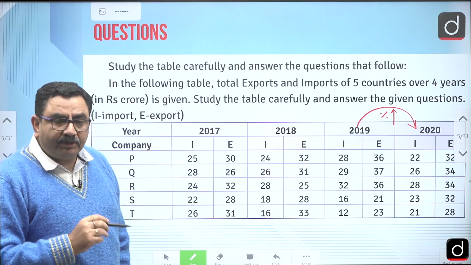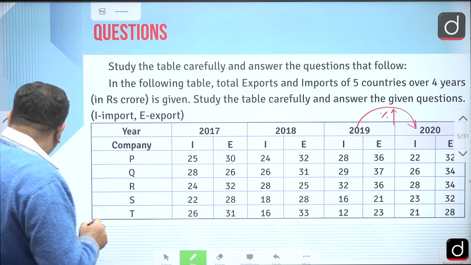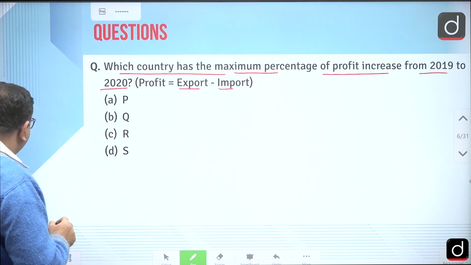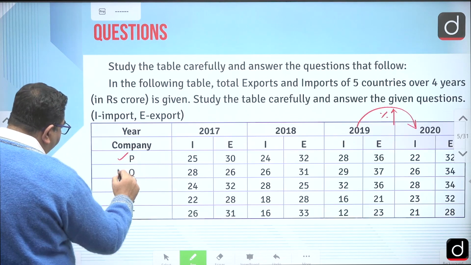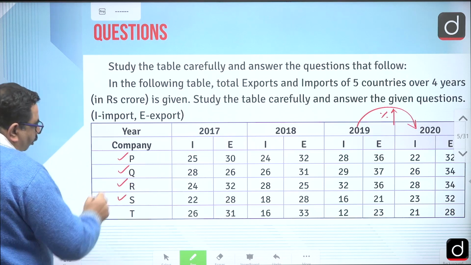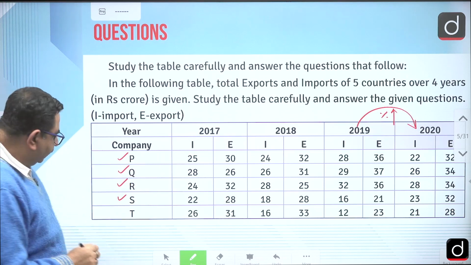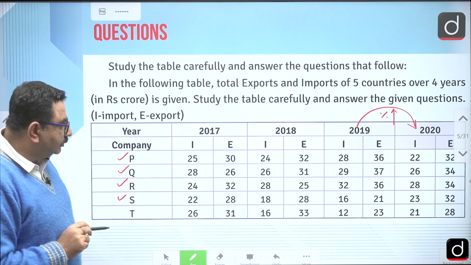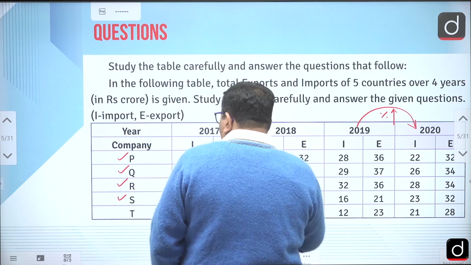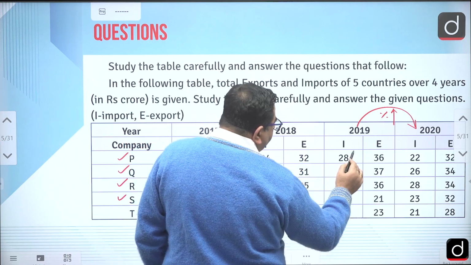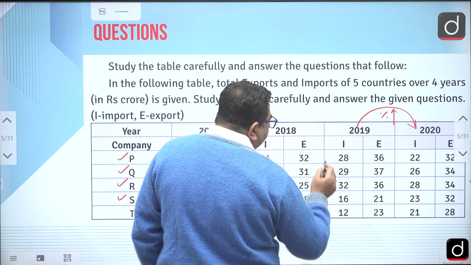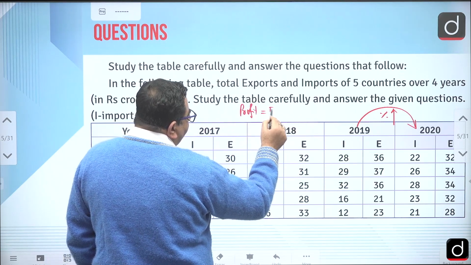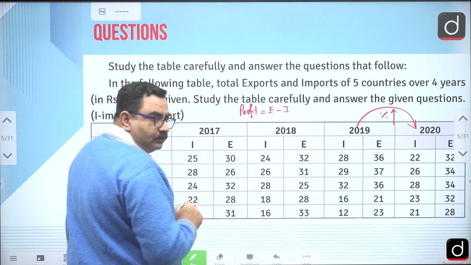Out of these four countries, P, Q, R and S, we need to check, and there is no need to check T, because only these four countries are given in the options. Now, for company P, what is the profit in 2019? Profit, we know, is export minus import.